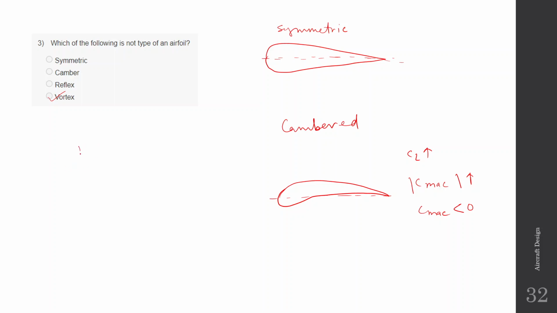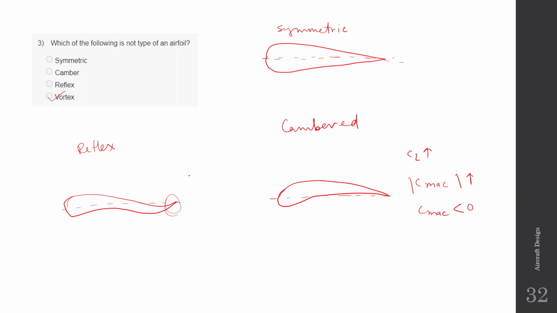So there is another kind of aerofoil called reflex aerofoil. This is like a cambered aerofoil only, but at the very end you have an upward shaping spike kind of thing.